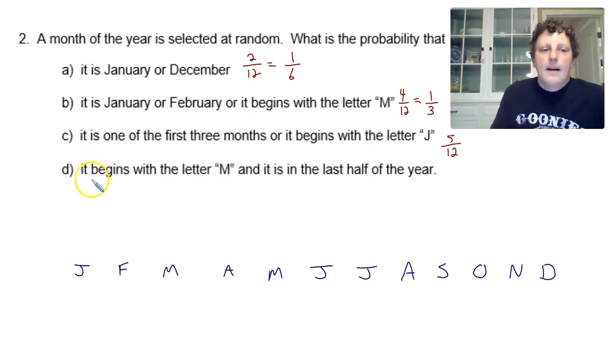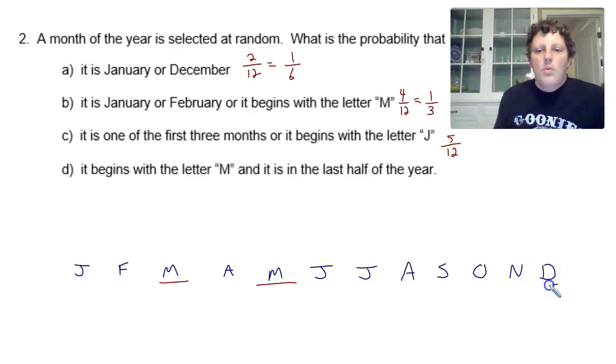And finally, find the probability that it begins with the letter M and it is in the last half of the year. So in this one, we've got M for March and May. Since there's 12 months in the year, we're looking at the last 6 months.